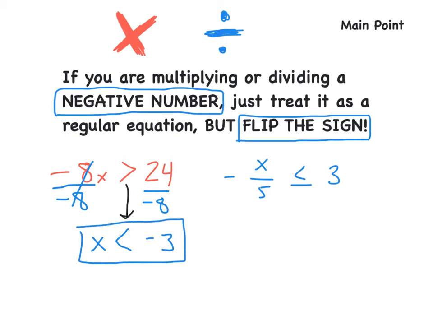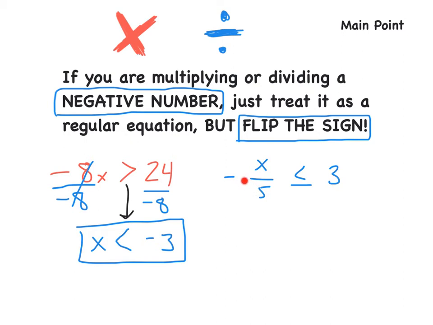Here's another one. We have x divided by 5 is less than or equal to 3. So in the book, you will see that there's a negative sign off to the left. This negative sign can either go with the x or it can go with the 5.